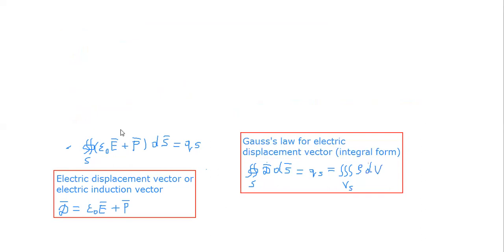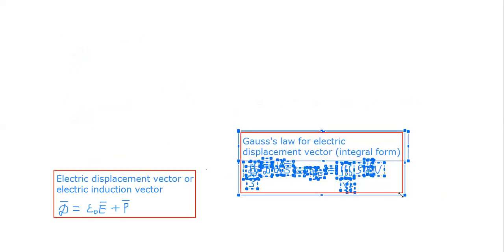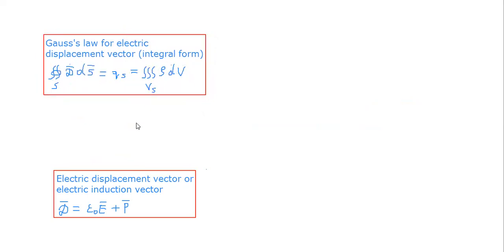And there is also differential form. Differential form of Gauss law for electric displacement vector.